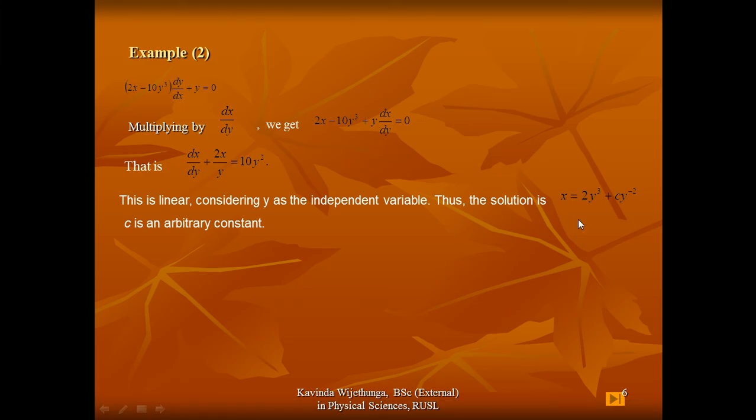Now we discussed linear differential equations and how we can simplify them using the integrating factor.